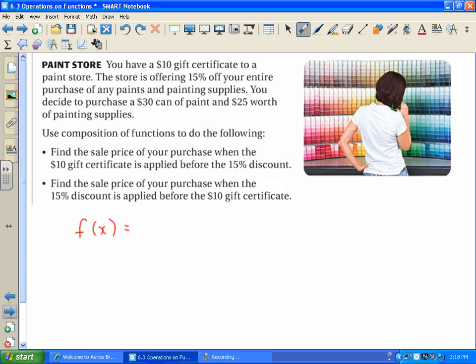So in other words, I get $10 off. So if x was my cost before, then f of x is just going to be $10 less than my price. So that's my function. So my red function, which is f of x, equals, I'm just going to write gift certificate. Discount's the wrong word.